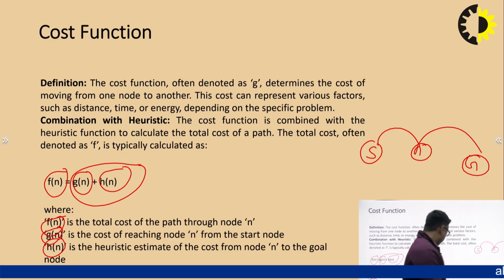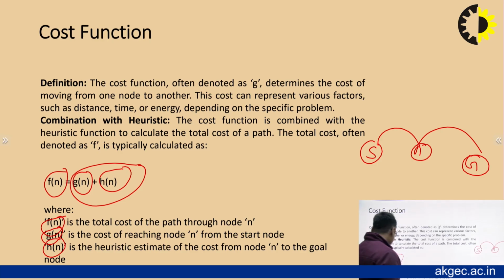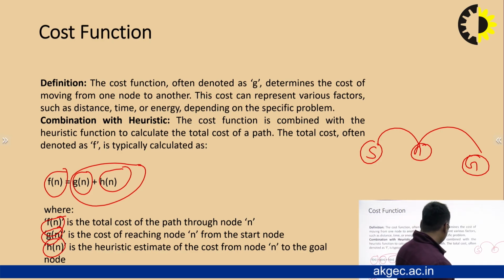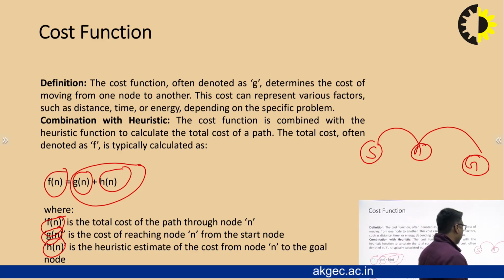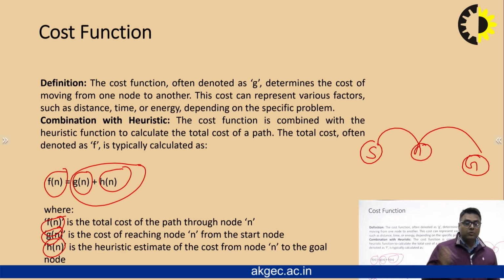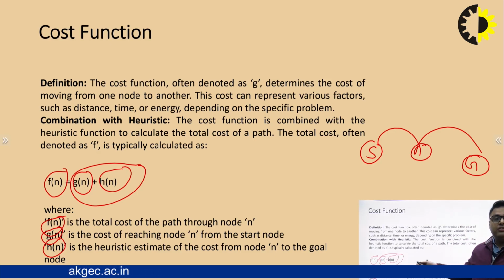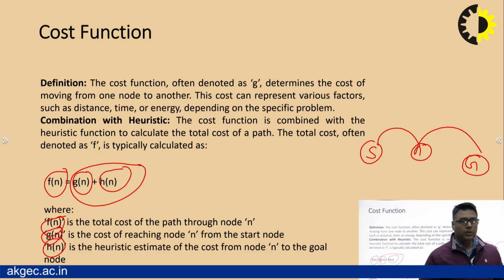And Hn is the heuristic estimate of the cost from node n to the goal node. That means the movement value from node n to node g is called the heuristic estimate of the cost.